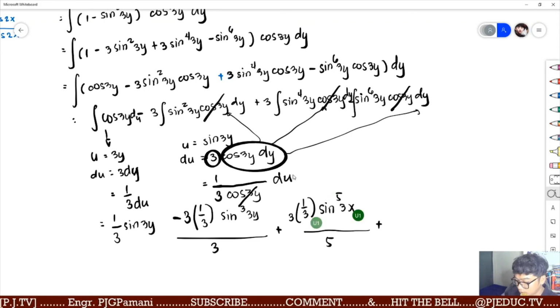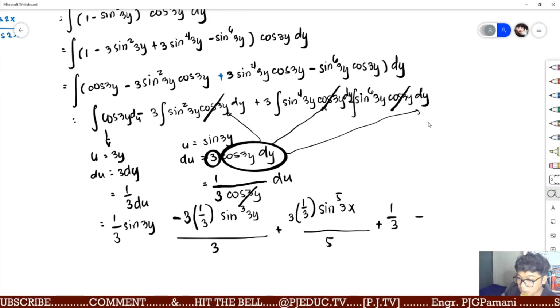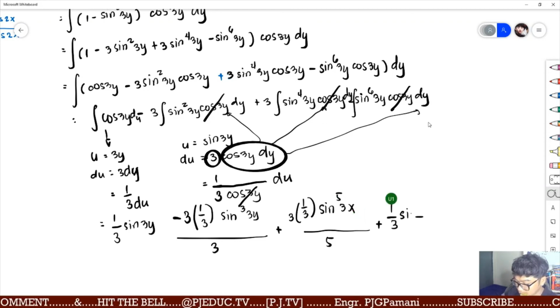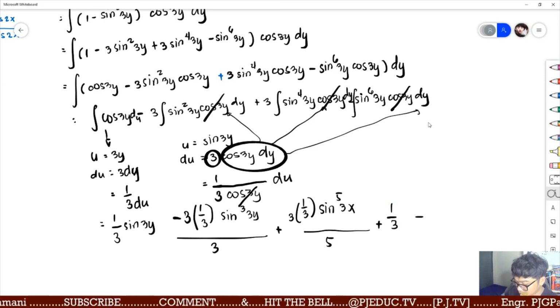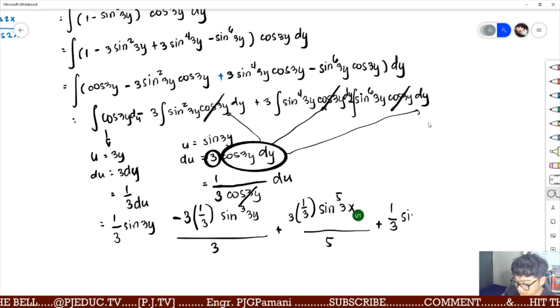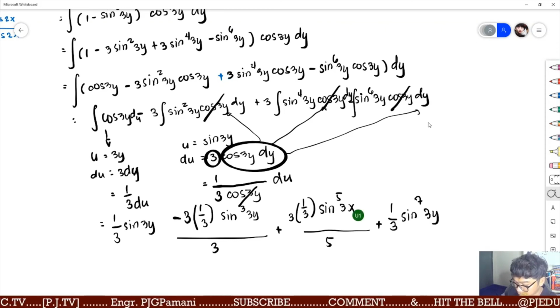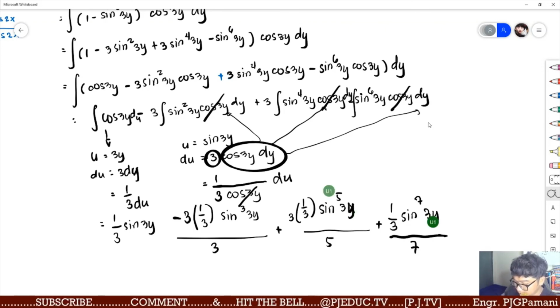Plus 1/3, yung ating correcting factor, sine raised to the 6 plus 1, that is now sine raised to the 7th 3y. 1/3 sine raised to the 7th 3y all over 7 plus c.